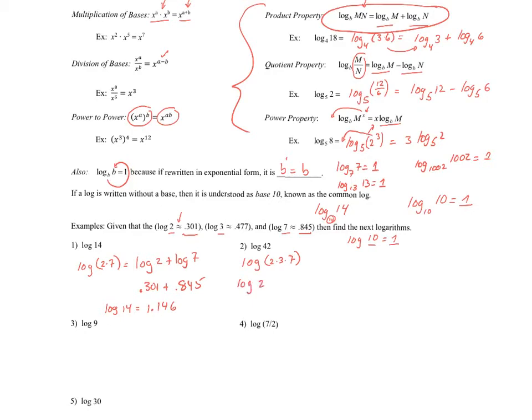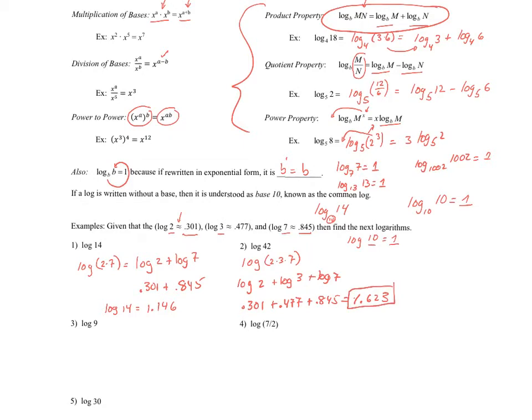So the log of 2 plus the log of 3 plus the log of 7. Substitute in their given values, 0.301 plus 0.477 plus 0.845, and we get 1.623. And that's what the log of 42 equals.